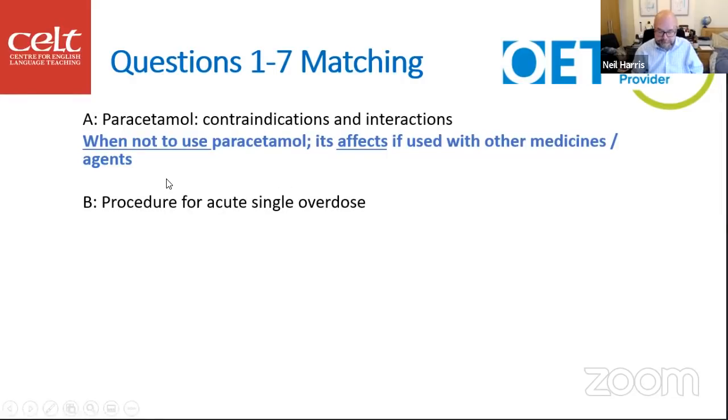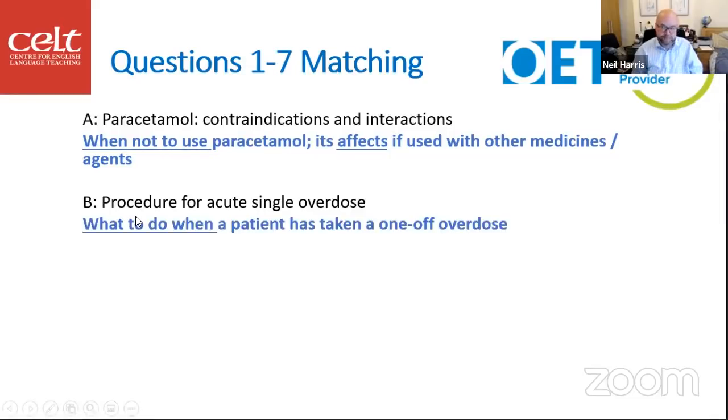So for B, procedure for acute single overdose. Again, let's have a think about how we might reword that. Well, if we think about the word procedure, we'll probably think about things to do, processes, steps to take.